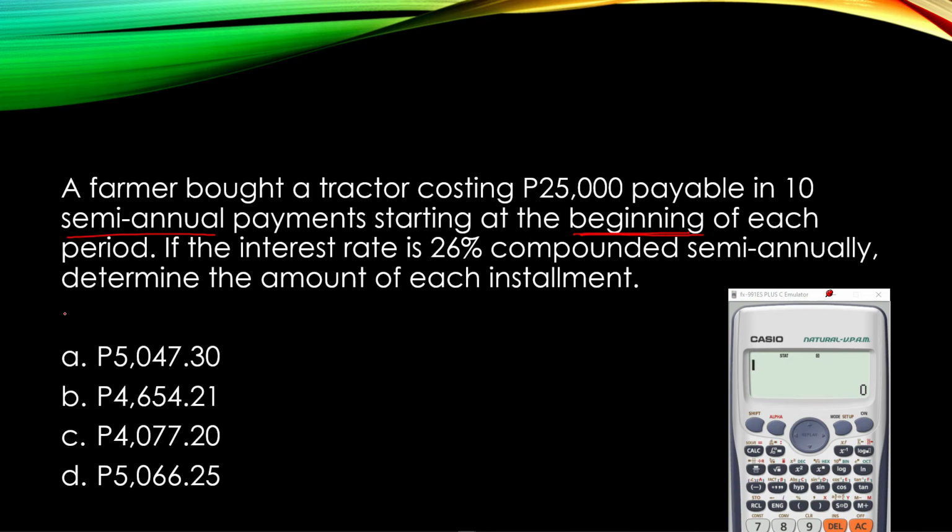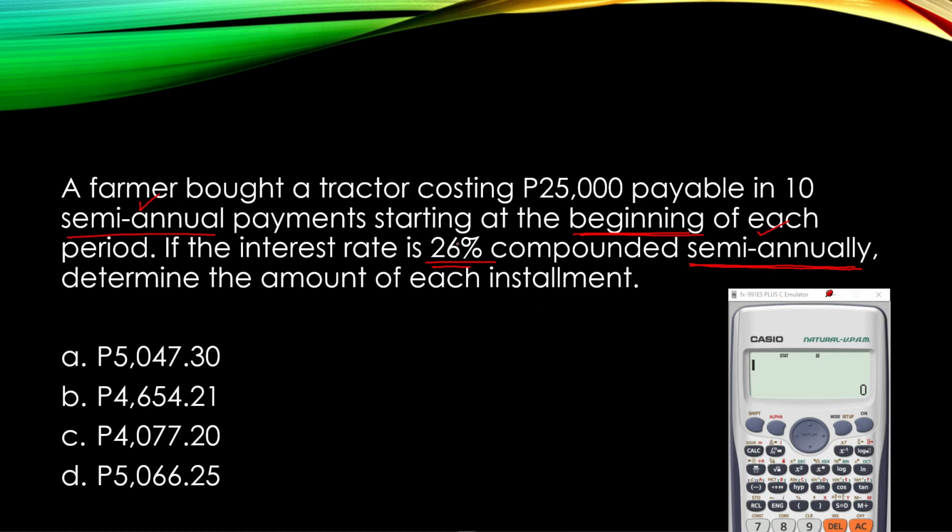So, hindi siya magbabayad at the end of every period, but instead at the beginning of each period. The interest rate is 26% compounded semi-annually. Okay, 26% semi-annually. So, okay, determine the amount of each installment.